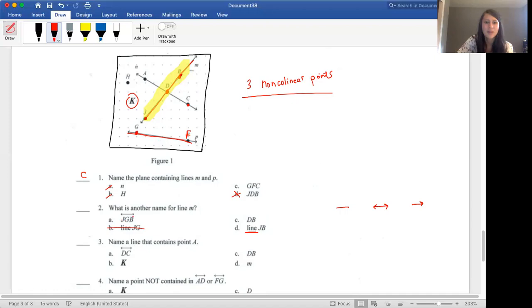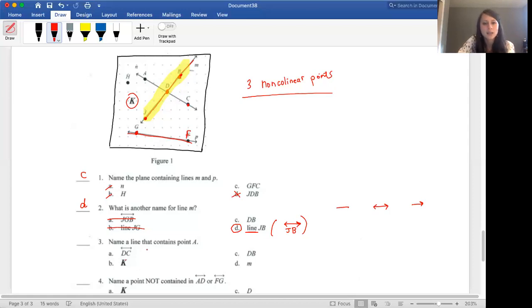That wouldn't work because G is on a different line, and plus I'm using 3 different letters to name my line when I only want to use 2. So that's not going to work. I think the best answer would be D, line JB. And how would we write that using a symbol? Well, we would write it like this, J, B, like that. So that would be another good response for it.